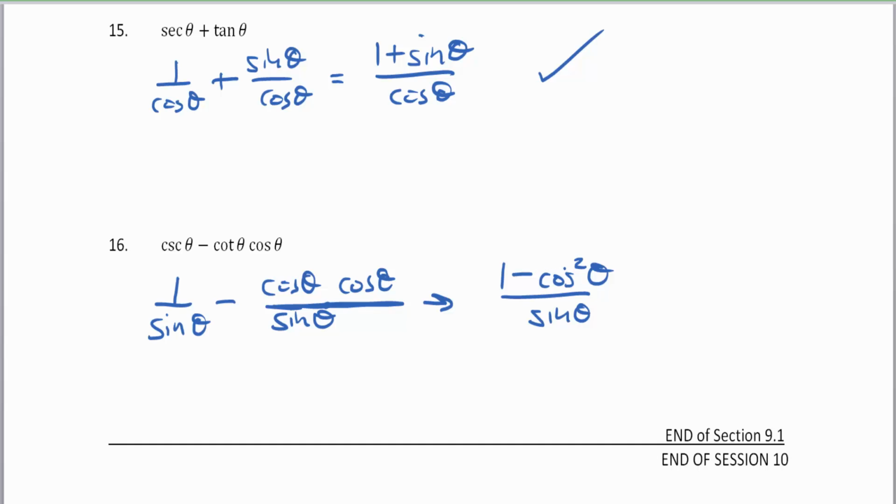And 1 minus cosine squared theta, as we found out in problem 14, is the same thing as sine squared theta. And my denominator is sine of theta. So we can simplify one of those with one of those, because this is sine times sine. So now our answer is sine theta.